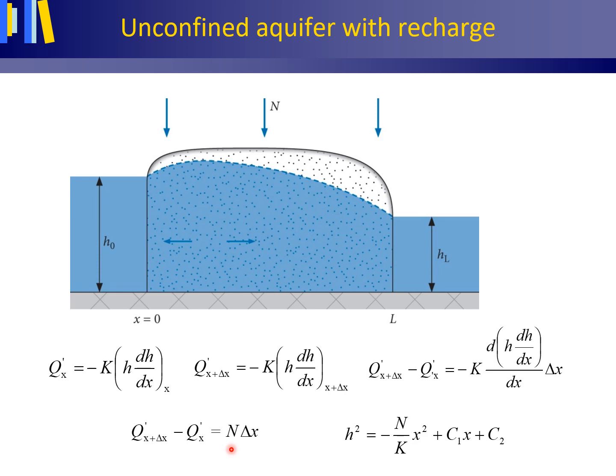And also note that for N is 0, we obtain the earlier equation h squared equals C1x plus C2, the equation for an unconfined aquifer between two parallel, fully penetrating canals with different water levels, and, as we now may add, with no recharge. So in actual fact, the earlier equation h squared equals C1x plus C2 can be regarded as a special case of this new groundwater flow case.